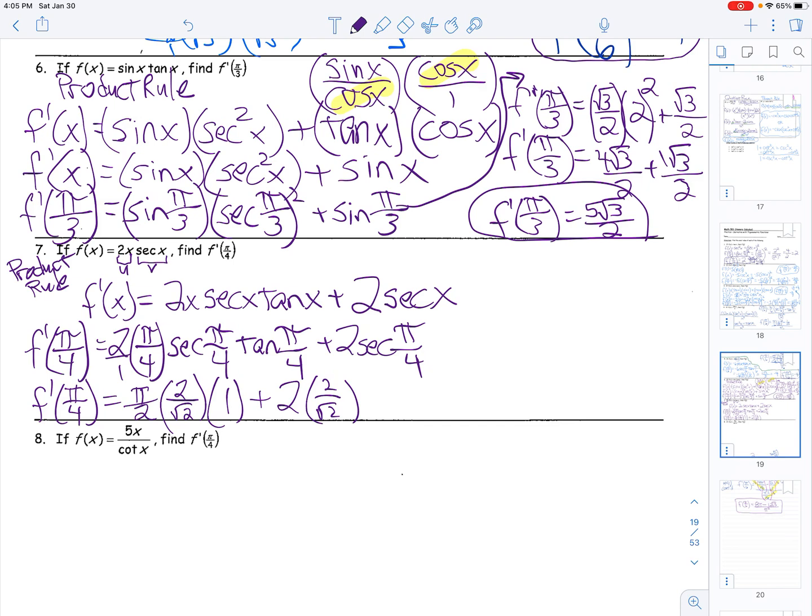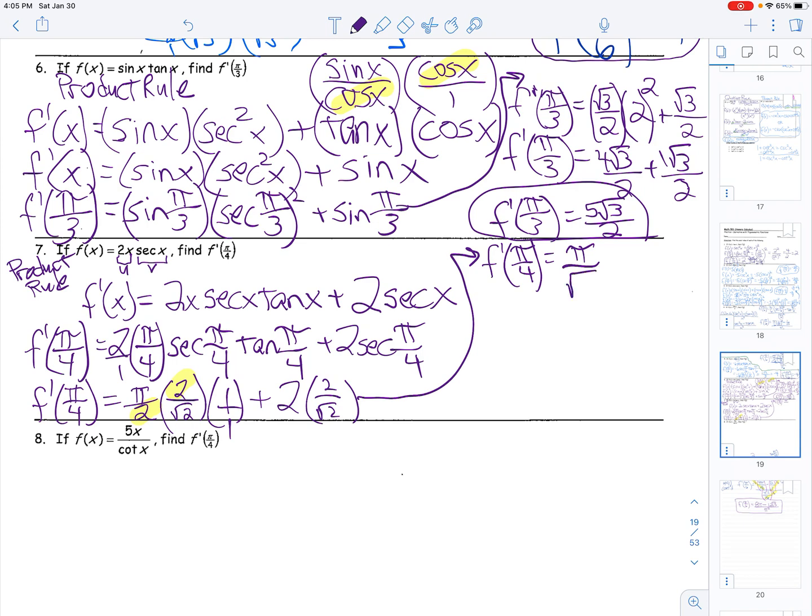All right, let's see here. If you want, you multiply this and then add them up there. I could cross out those 2's, right? Do a little cross canceling here. You can if you want to. f prime of pi over 4 is going to be, let's see, what's up top? 1 times pi, right?